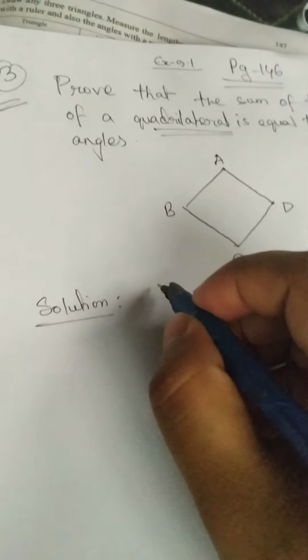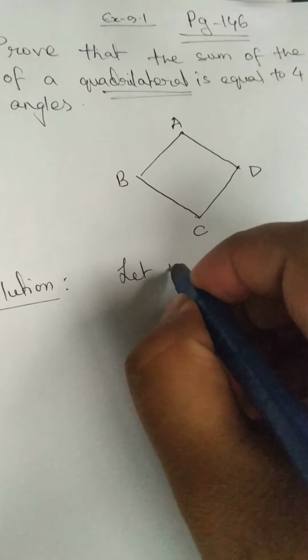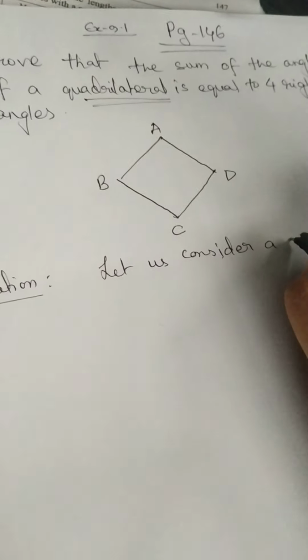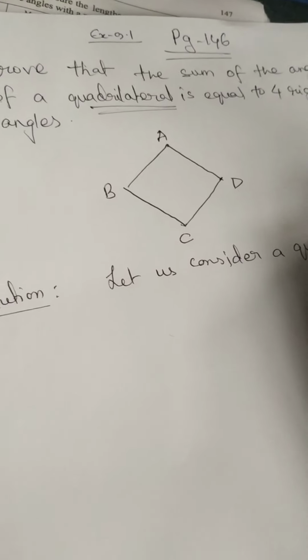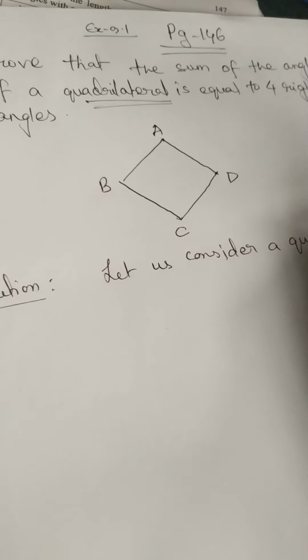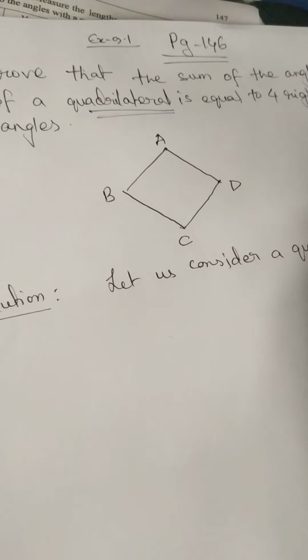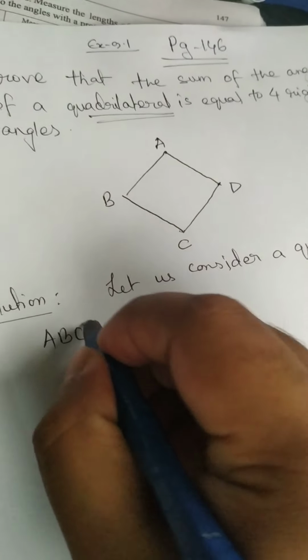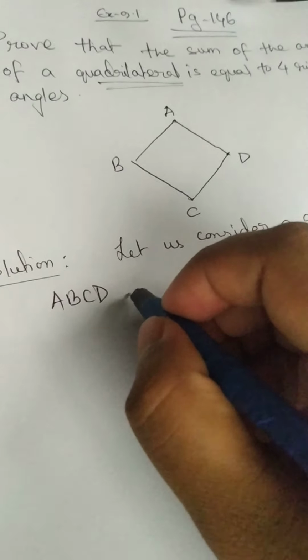You can write it this way: let us consider quadrilateral ABCD.